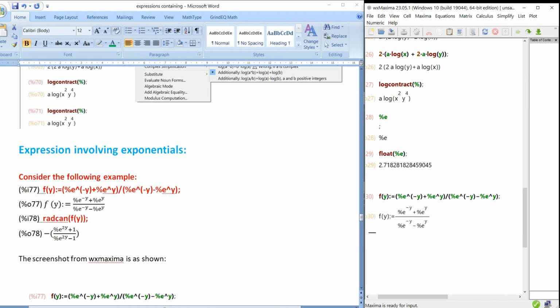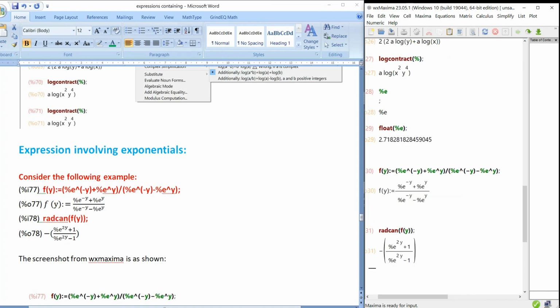I have written this function, shift enter. So this is the function, e raised to the power minus y plus e raised to the power y divided by e raised to the power minus y minus e raised to the power y. Okay. In order to simplify it, I use the function radcan. Radcan. Shift enter. So this is the obtained value.